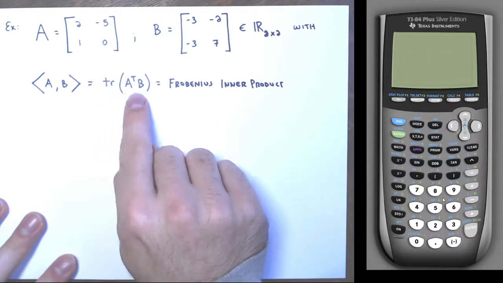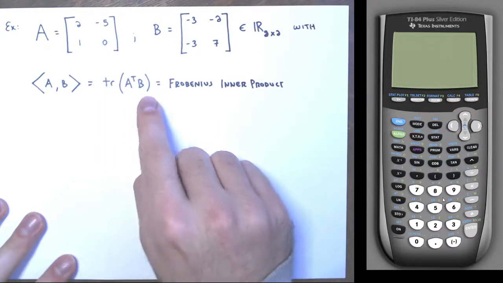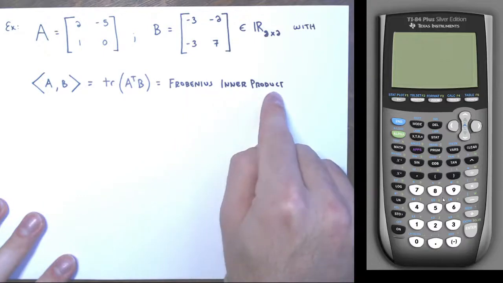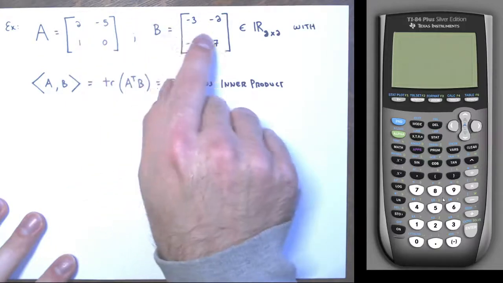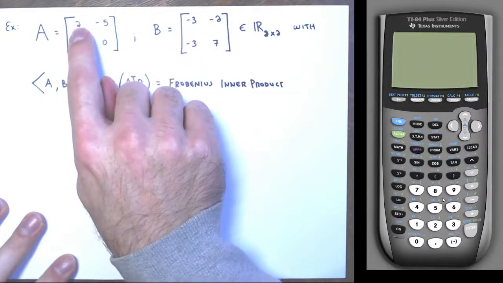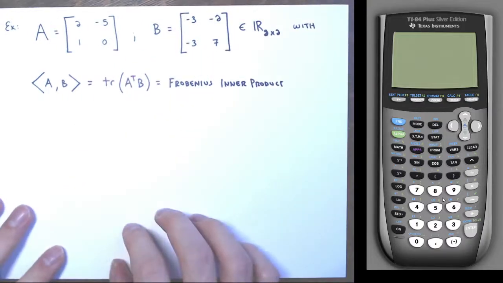But you've probably seen in previous videos of mine that this operation is called the Frobenius inner product, where I simply take matrices A and B the way they are, and it's almost like the dot product. I multiply the corresponding entries and add them up.